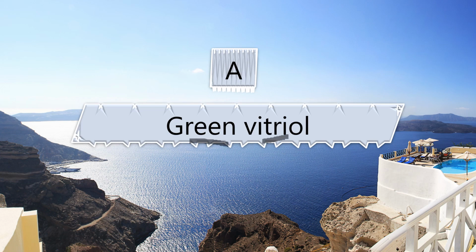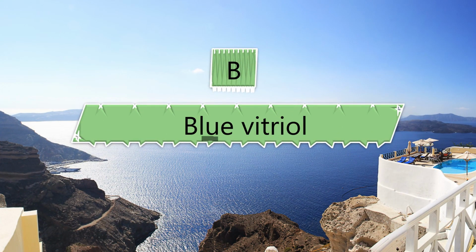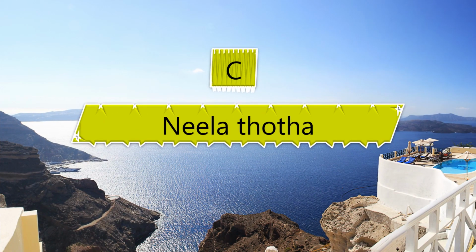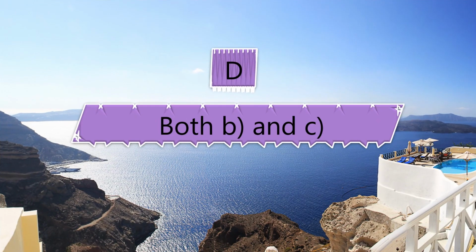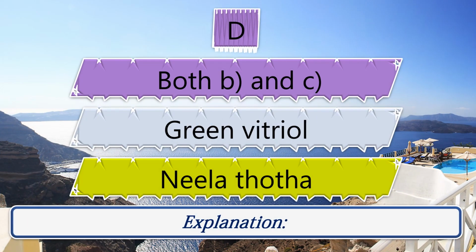Green vitriol, blue vitriol, Nella Thotha, both A and C. The answer is both A and C, which is green vitriol and Nella Thotha.